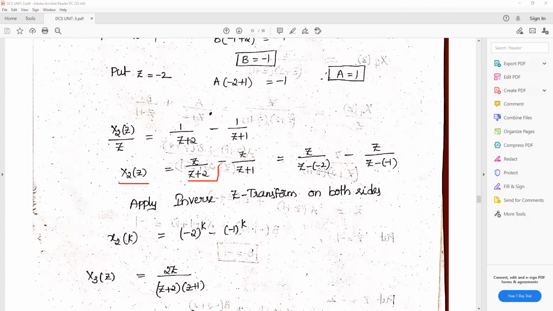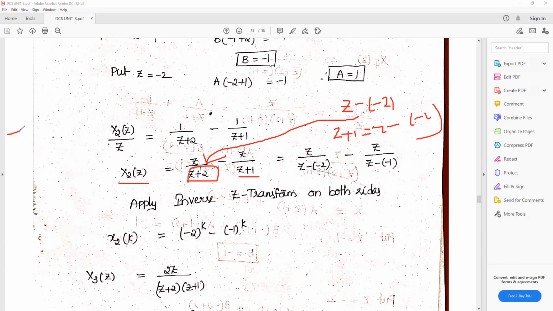In the denominator, the z plus 2 term is rewritten as z minus of minus 2, and z plus 1 is rewritten as z minus of minus 1.